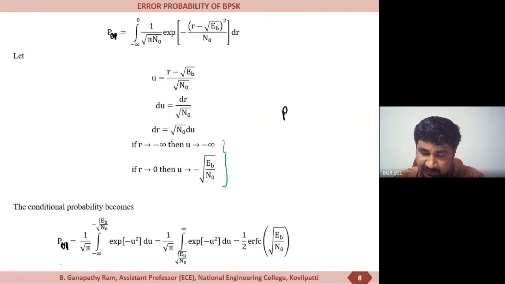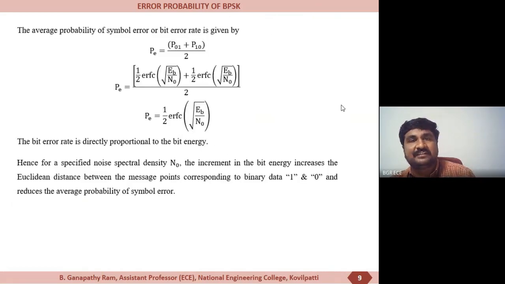So, as the symbols are equiprobable, 1 and 0 are assumed as equiprobable symbols, P10 is equal to P01. Hence, the average probability of symbol error or bit error rate is given by the average function, which can be represented as P01 plus P10 divided by 2.